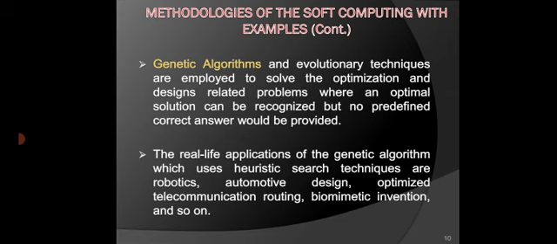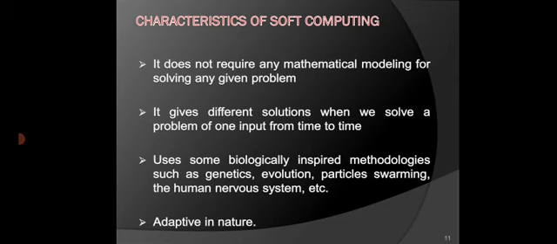Real life applications of GA, which uses heuristic search techniques, are robotics, automotive design, optimized telecommunication routing, biomimetic inventions, and so on. So these are the three techniques which are used in different problem solving.